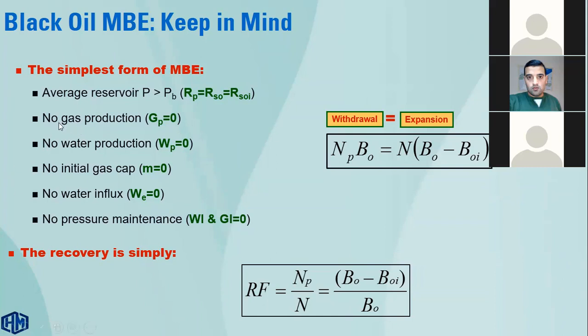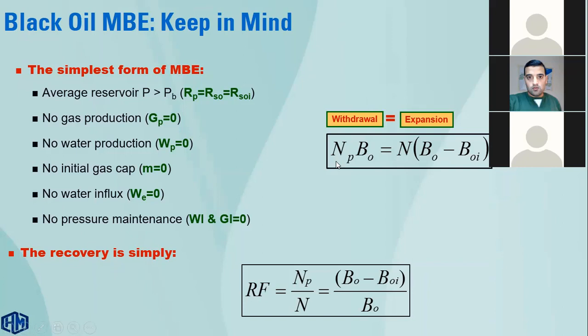Second, if we have no gas production, so Gp equals 0, Wp equals 0 for no water production, and no initial gas cap, so m equals 0. m is the ratio of gas cap to oil zone volume. If we have no water influx, so We equals 0.